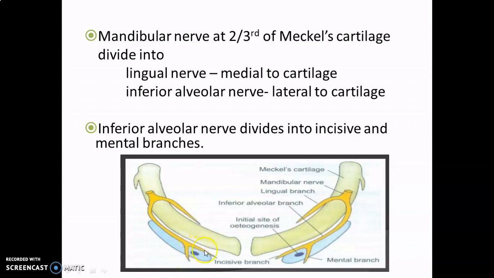Why this point of division is important is, it is at this point of division that the first bone of the mandible will form, the initial site of ossification, at this point of division of the inferior alveolar nerve into incisive branch and mental branch.